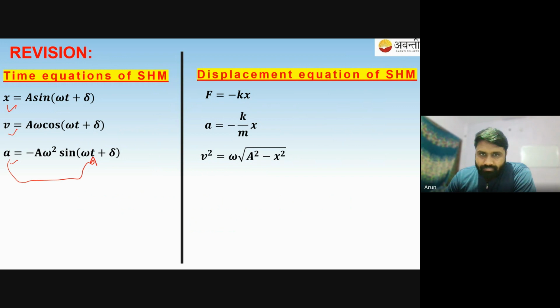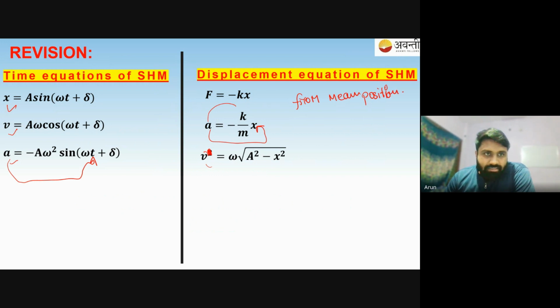But in those, this is not v square actually, it is only v: v equals omega into square root of a square minus x square. So these quantities depend on x, which is the displacement, and displacement we measure from the mean position.